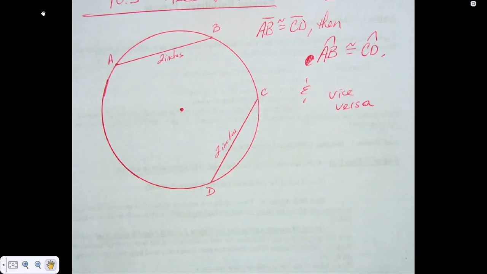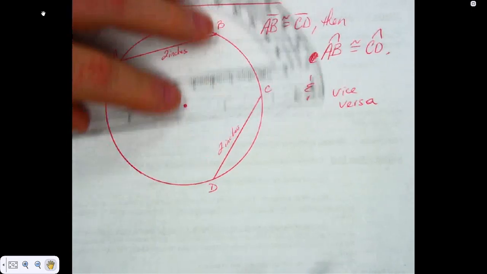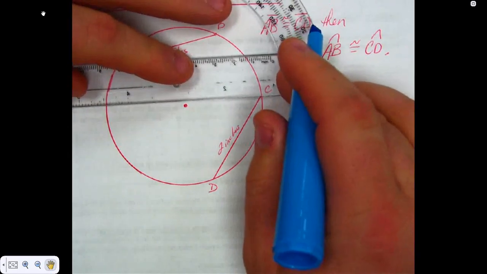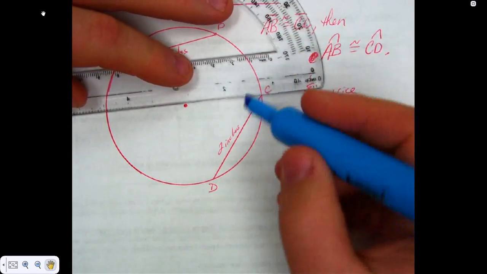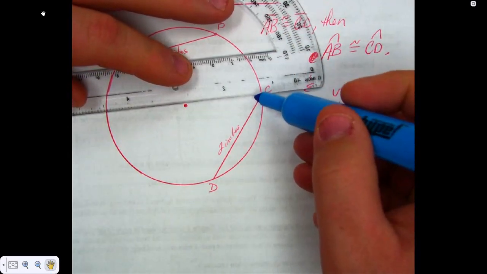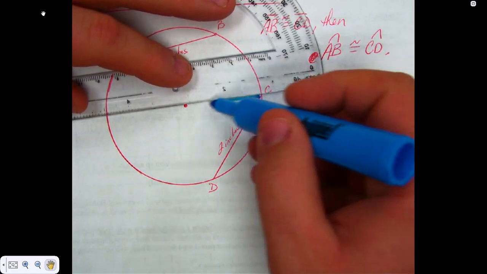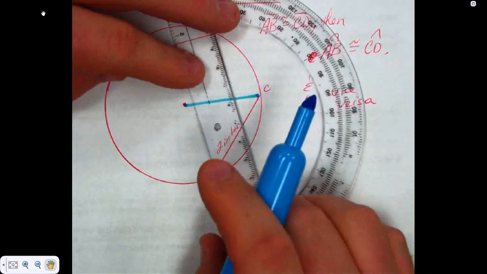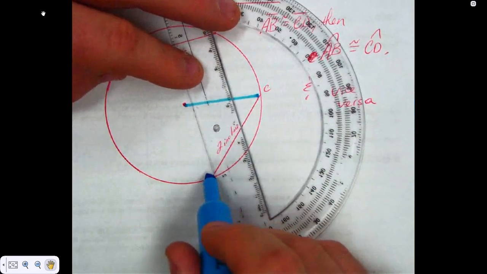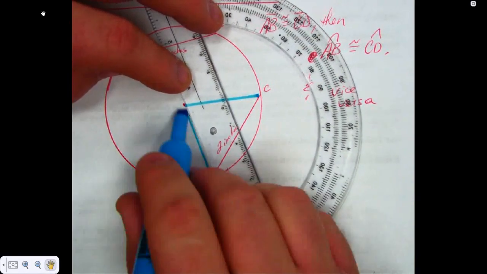So, another thing we can do, though: what can I do with each of these? What if I made another segment from the end of each of these? Make a triangle, wouldn't it?